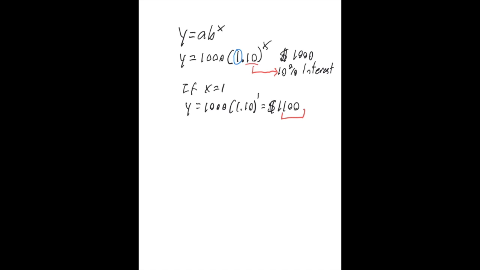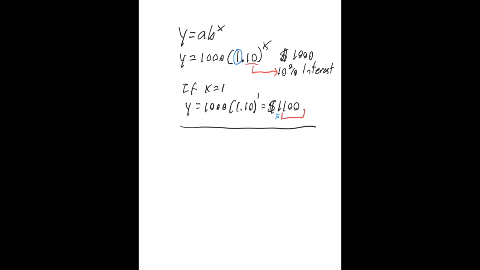You earned $100 in interest, 10% of the 1,000 you started with, and you still have the 1,000 that you started with. So this example basically can be used to think about all kinds of exponential functions.